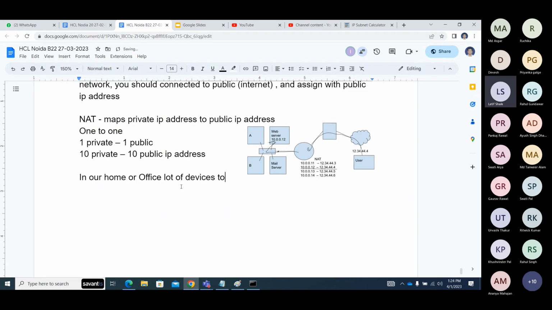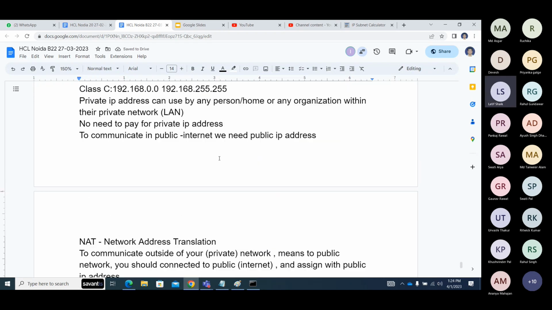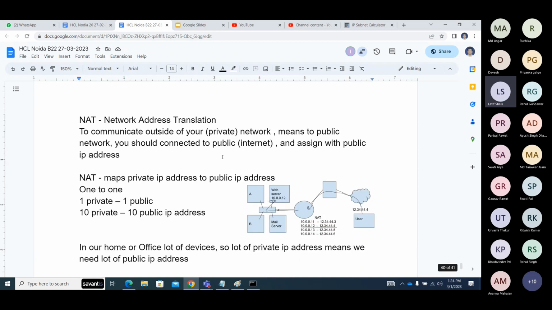So a lot of private IP addresses means we need a lot of public IP addresses. Public IP addresses are paid ones, guys.